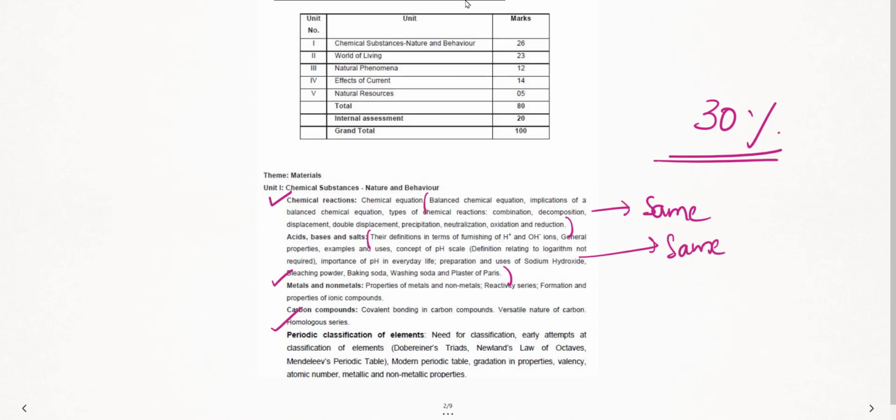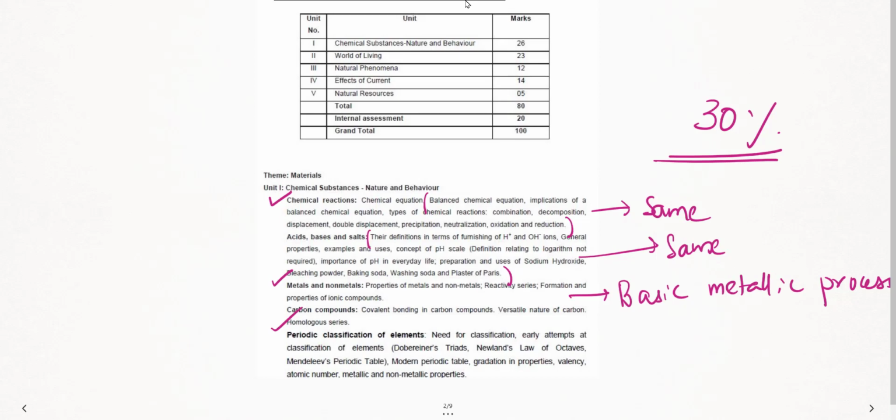Now when it comes to metals and non-metals, your third chapter in chemistry, there's a lot of variation you have to see. You can note the topics in this chapter: basic metallurgical processes like calcination, roasting, refining, all these they have taken out.